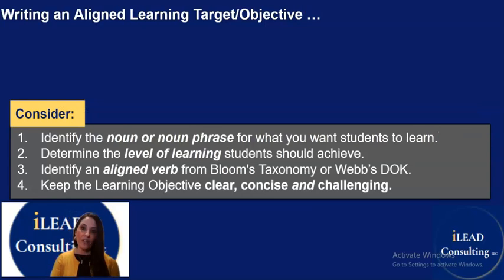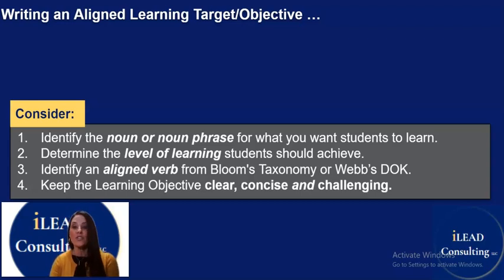When you're crafting a learning target, points to consider. Think back to when you unpacked a standard. You have to identify the noun or the noun phrase for what you want students to learn. Determine the level of learning students should achieve. And identify an aligned verb. I often suggest that teachers use Bloom's taxonomy or Webb's depth of knowledge.